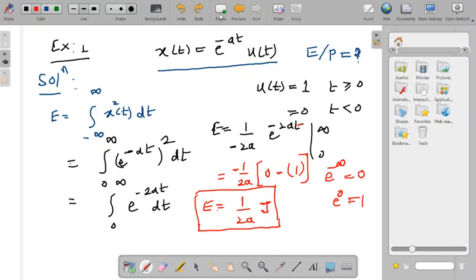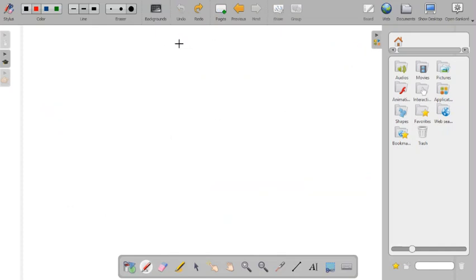So let us test what shall be its power. I want to give you some remarks by finding the power of this signal. So we know that the signal x t given to us is e to the power minus at u t, and we are interested in finding the power.